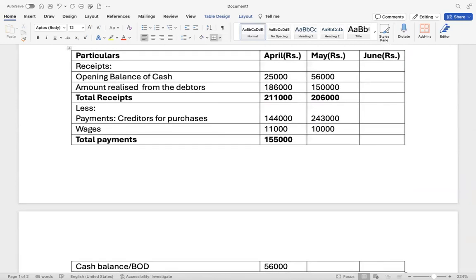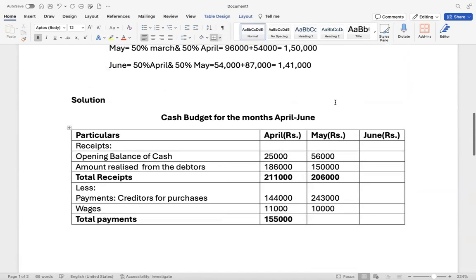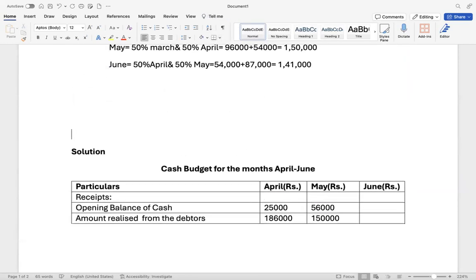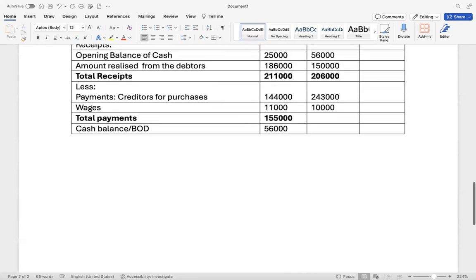The total is coming to 2,53,000. Now 2,53,000 minus 2,06,000 gives you a negative balance.